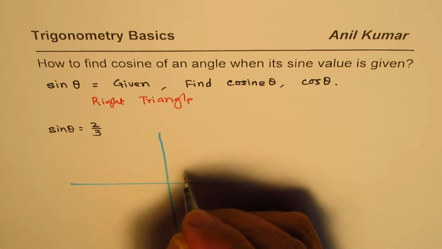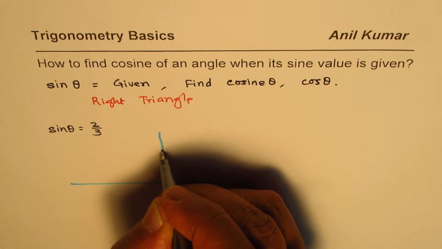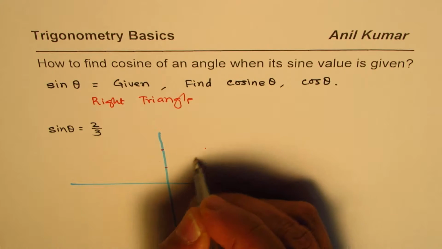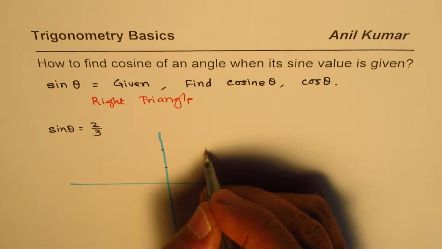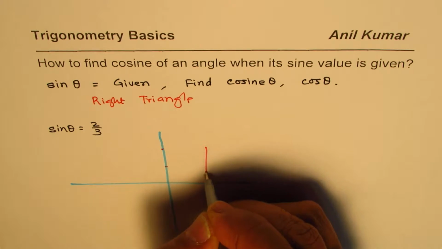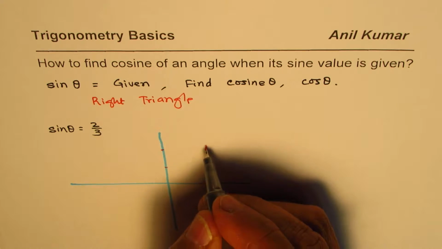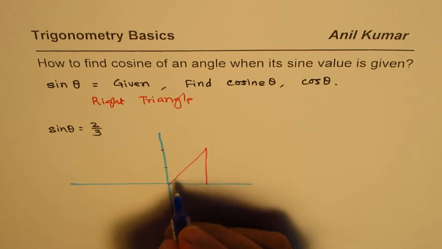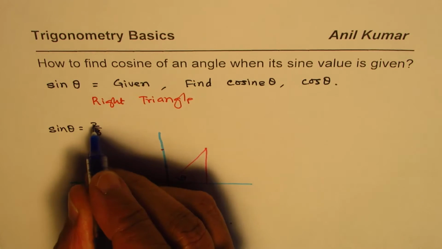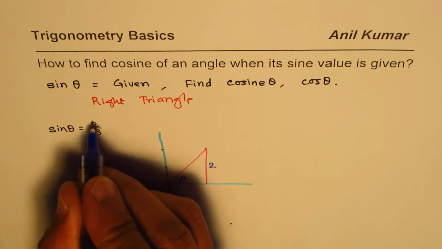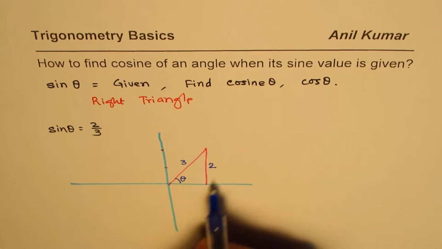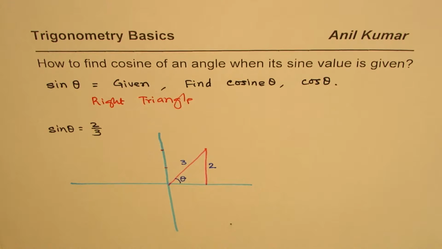So I'll make a triangle whose height is 2, and connect it with the origin. I say that this angle here is theta, where 2 is the opposite side, since sine theta is 2 over 3 and hypotenuse is 3. Is that okay? So that triangle represents sine theta equals 2 over 3.